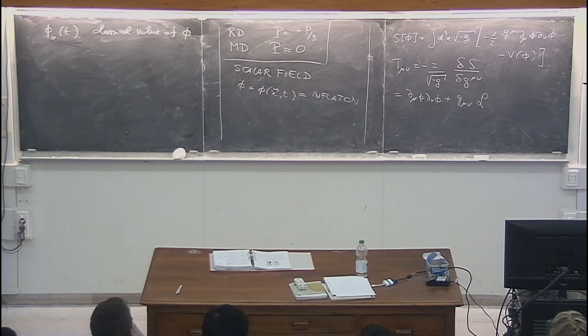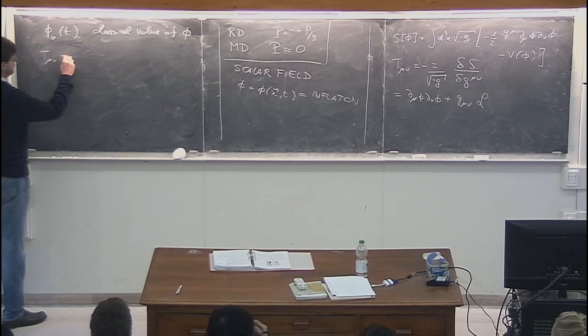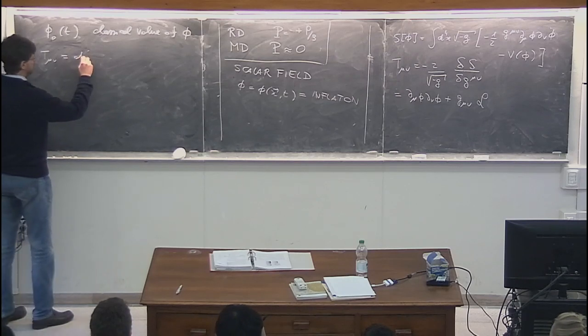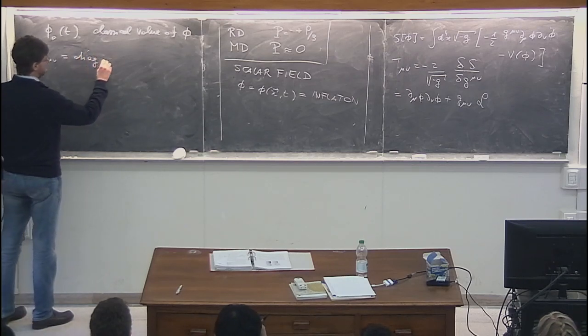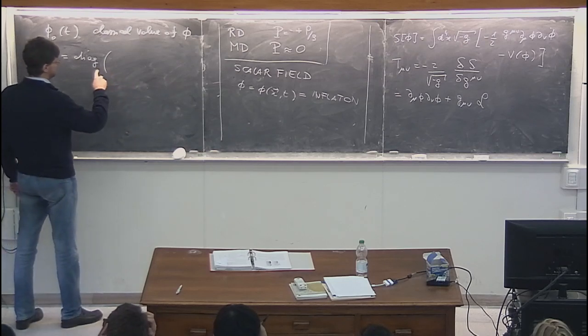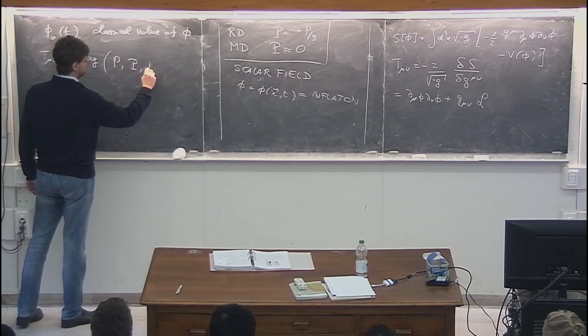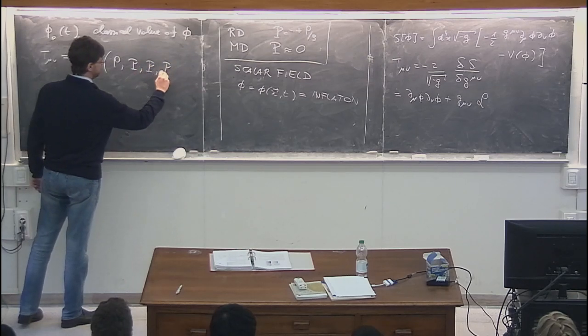Very well. So let's also remind ourselves that T mu nu in general is a 4x4, but its non-vanishing values are only along the diagonal and are the following: rho, p, p, and p.